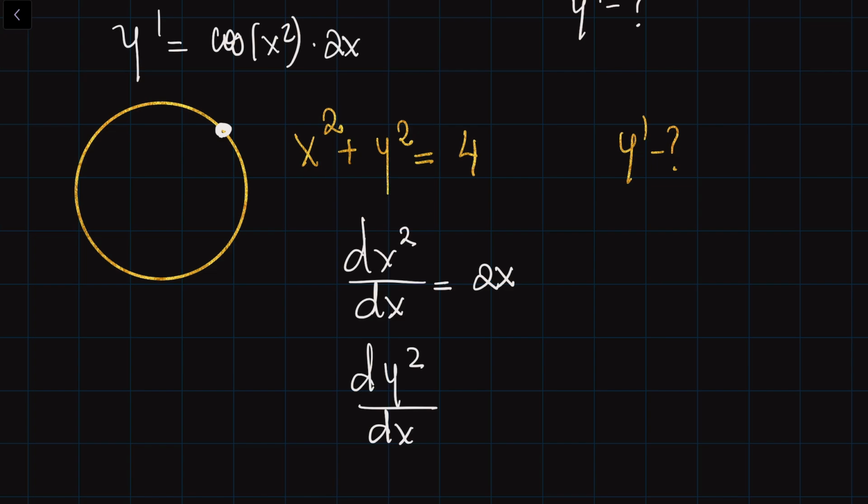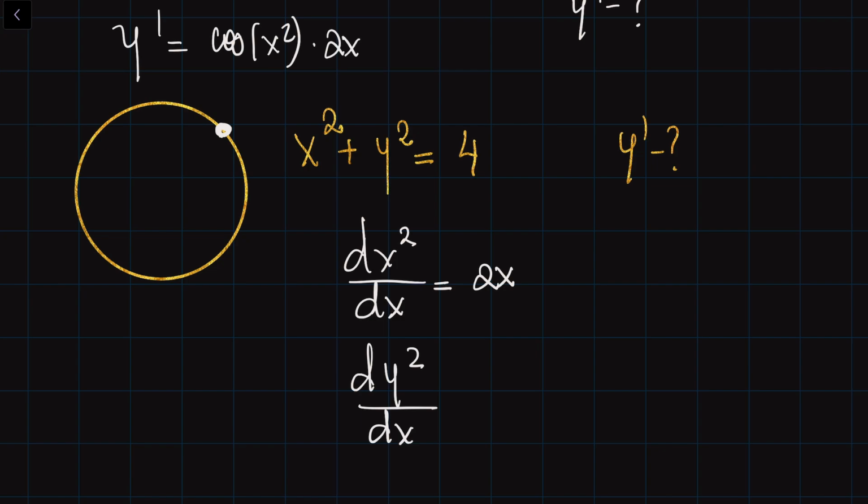It is not 0 anymore. Because previously I told you that they are independent, so that is why it was 0. Now they are dependent. y is some function. y can be sine of x, for example, or cosine of x cubed. I don't know what y is, but definitely it depends on x. Okay? Yes?